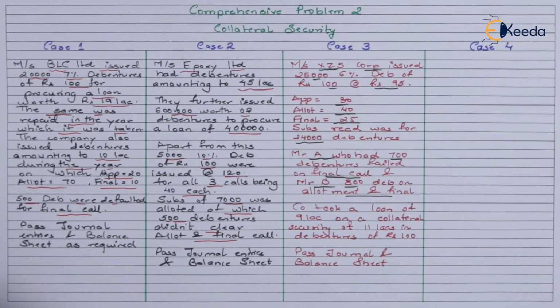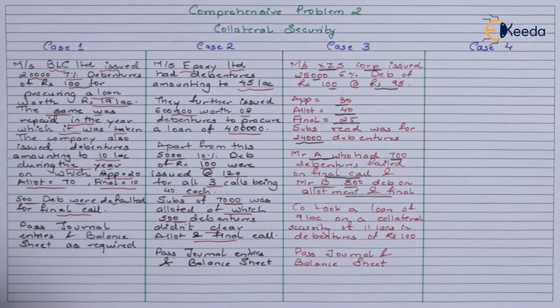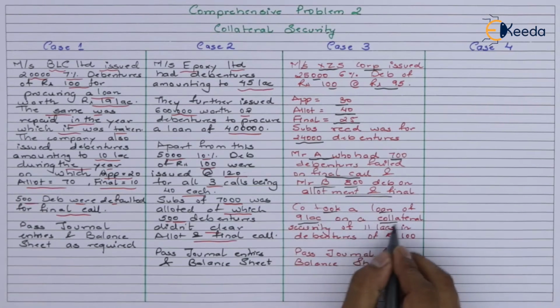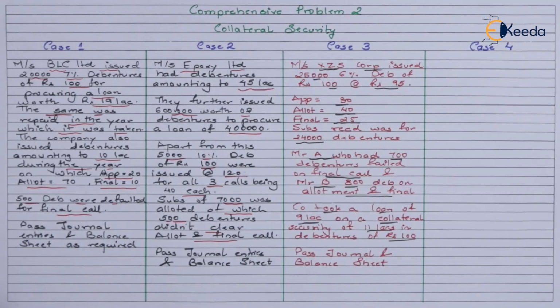Now, the company took a loan of rupees 9 lakh in lieu of an 11 lakh collateral security, which was placed in terms of debentures of rupees 100 here. Now, with all these details, we have to pass the journal entries and we have to also pass the balance sheet details as mentioned in this question.